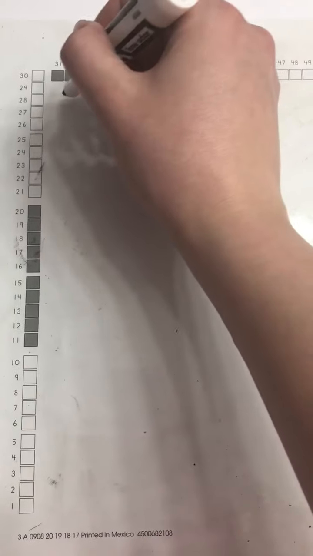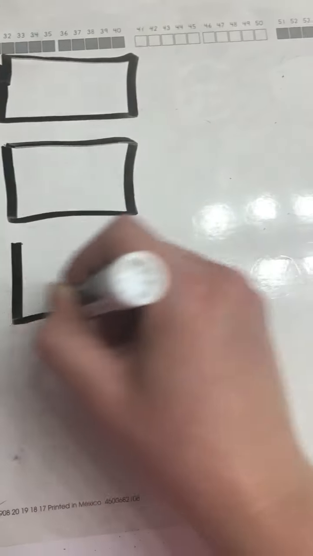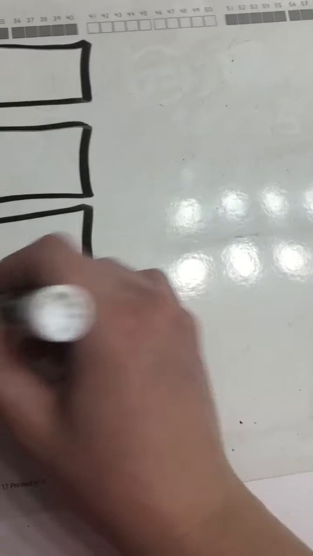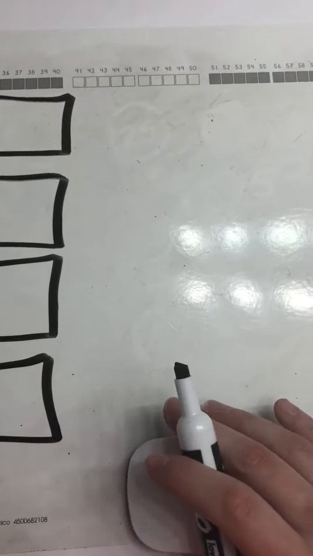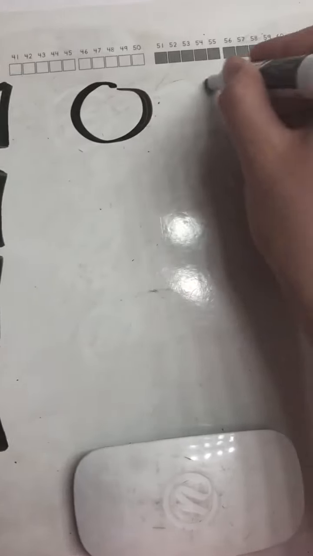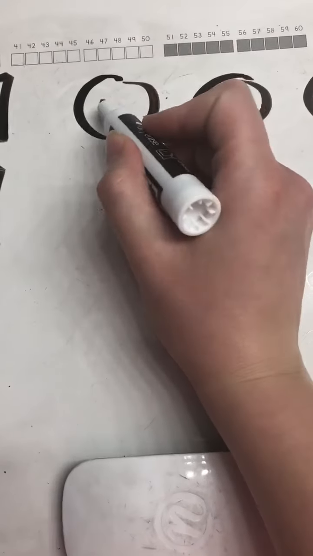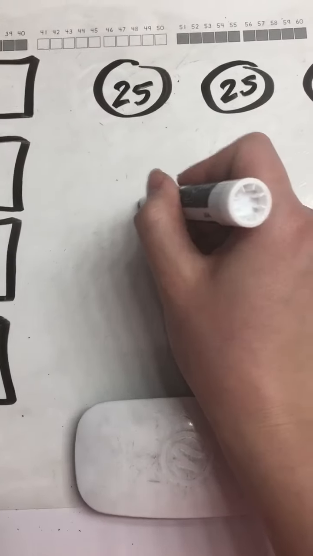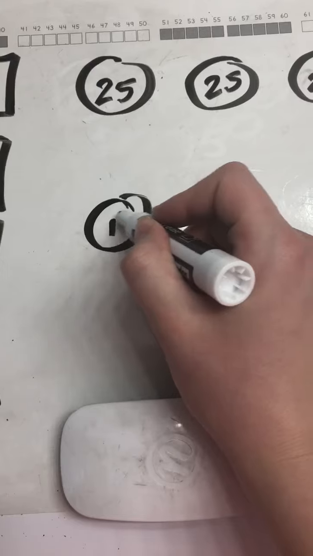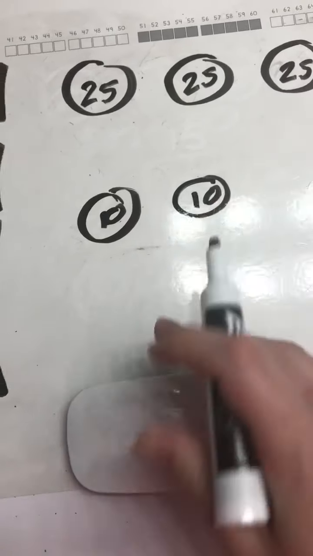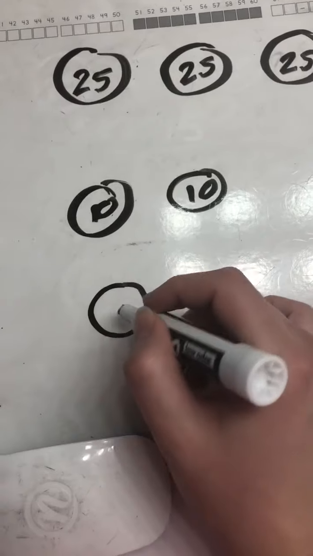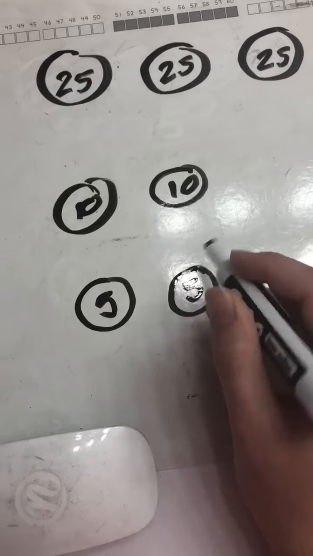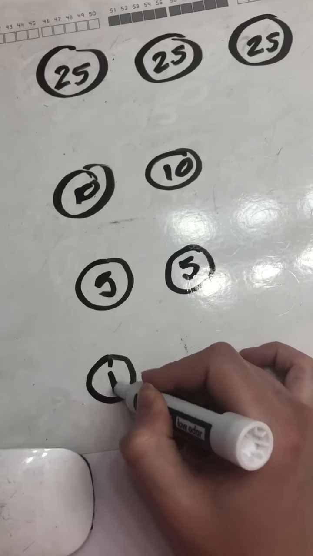All right, what I want you to do for practice today is I want you to draw out $4 bills, and then I want you to do 3 quarters, so it can be any amount for dollar bills, 3 quarters, 2 dimes, 2 nickels, and 3 pennies.